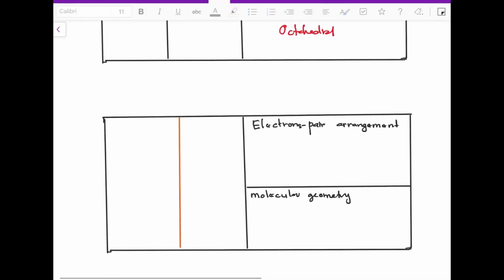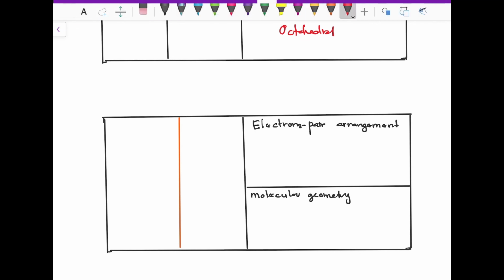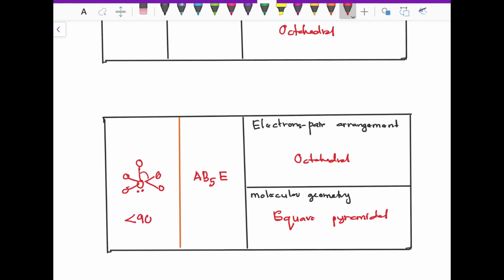The lone pair can be located at any position for the first lone pair. Let's say I put it here and I have another 5 bonding atoms. Now AB5E. The total is 6, so the electron pair arrangement is octahedral, but due to the repulsion, it becomes square pyramidal, with the bond angle less than 90 degrees.